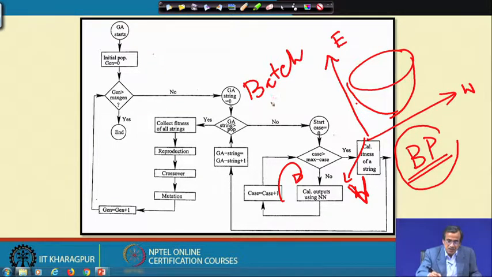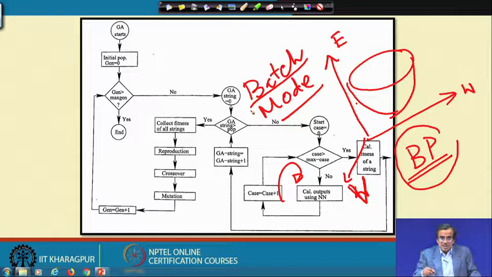In this batch mode of training, we provide the information of all the training scenarios, and the moment we consider the average error, or we find the mean square error, and consider the average effect of this error, there is a possibility that we are going to inject some sort of adaptability to this network, and that is why the GA tuned or the GA evolved network will be very adaptive.